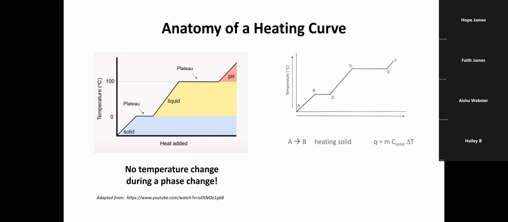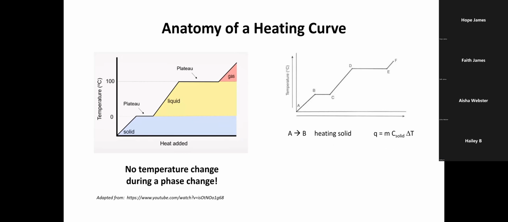So between A and B, we're just heating up the solid. We had an equation that was used just for when things got hot and cold. That's exactly what's going on here. Our solid is getting hotter as we go from A to B. So Q, remember Q is heat.